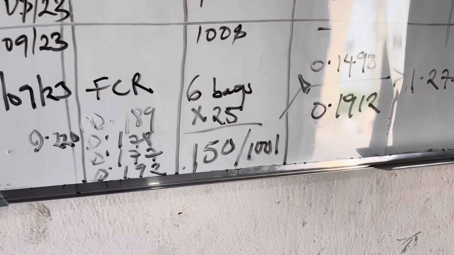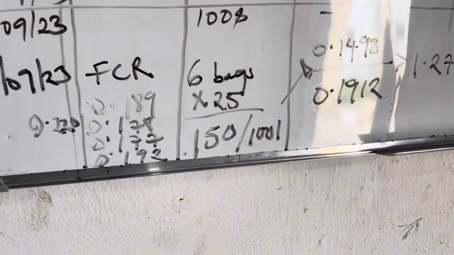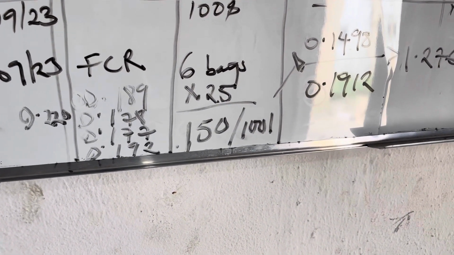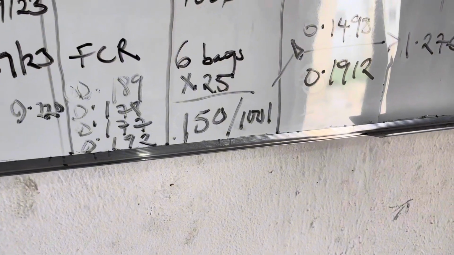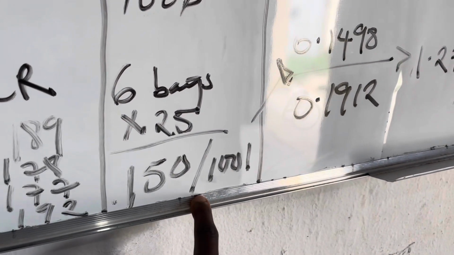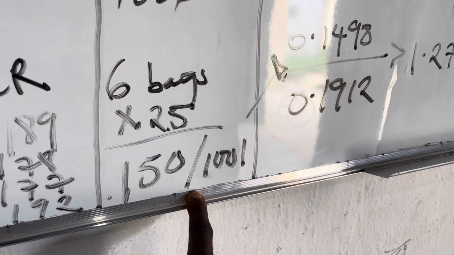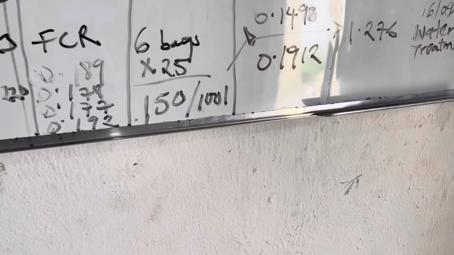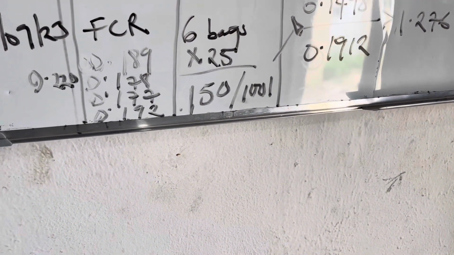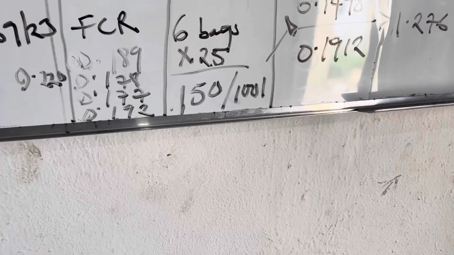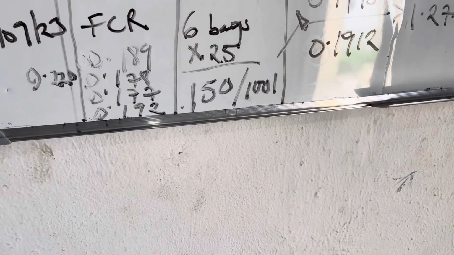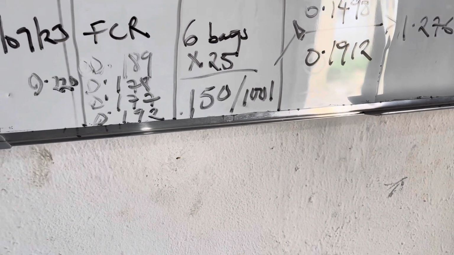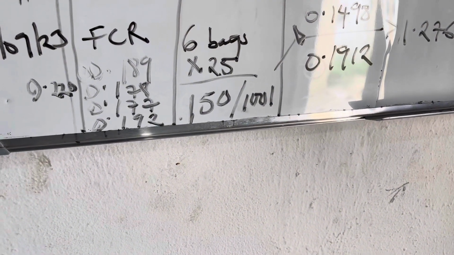So your birds have consumed 150 kg of feed. Now you divide that by the number of birds you have currently. It's not the number of birds you added at the beginning. What is the number of birds you have at the moment you are calculating this?